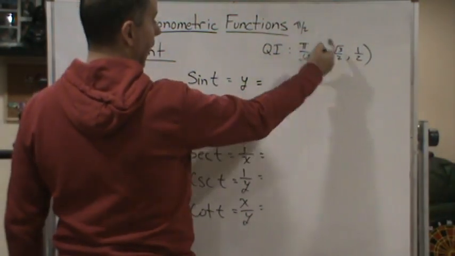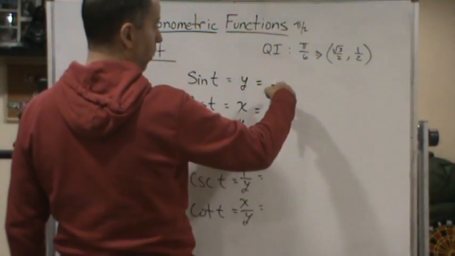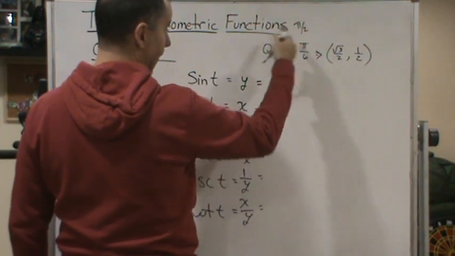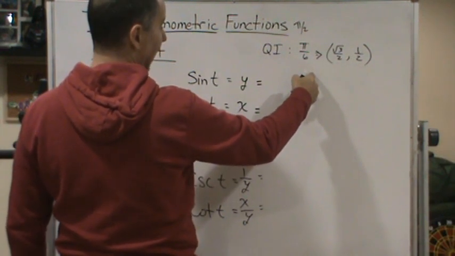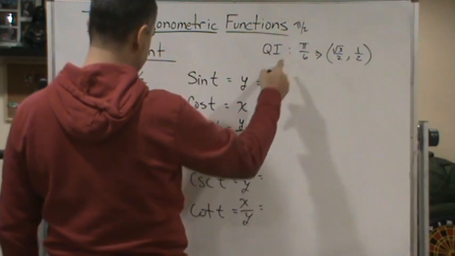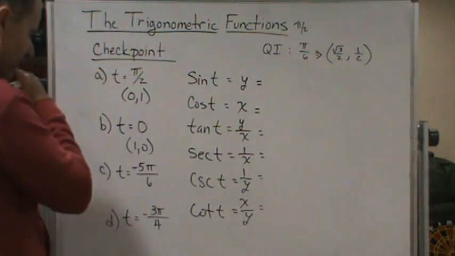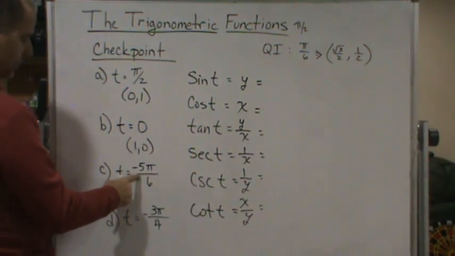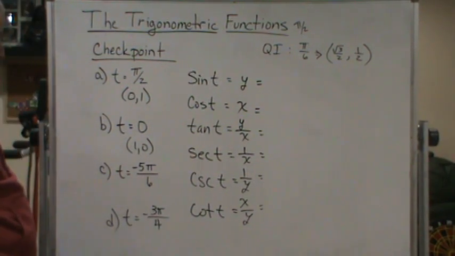If we go pi, it's a reflection along the origin. If we add pi to it, we're going to add 6 pi over 6, so we're going to get 7 pi over 6, which corresponds to negative 5 pi over 6. Okay, and what happens?